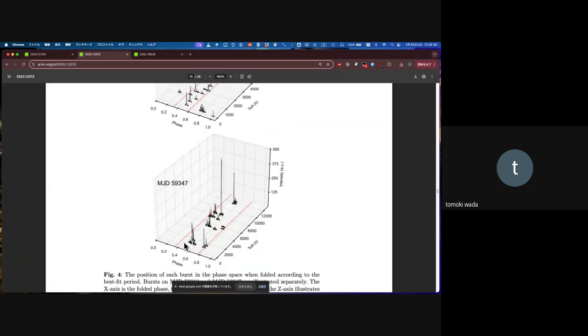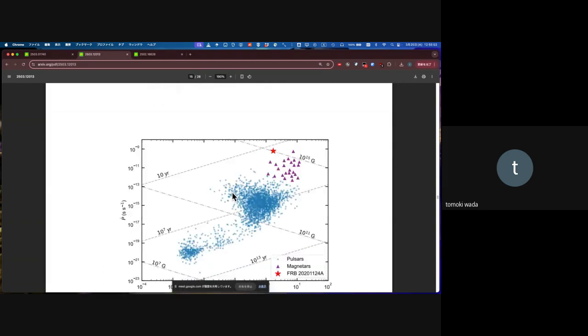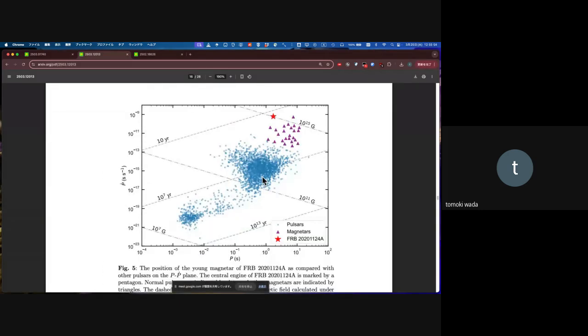And here is the second one. From this observation, they find the period and its time derivative. From these 2 values, they can evaluate its magnetic field and age. This is shown here, very near the known galactic magnetars, but at a bit higher field.